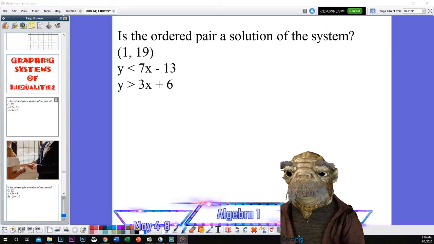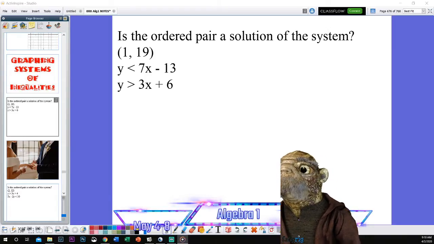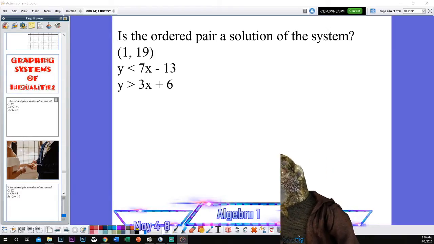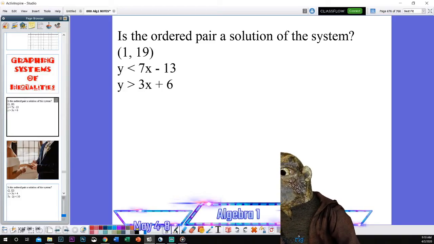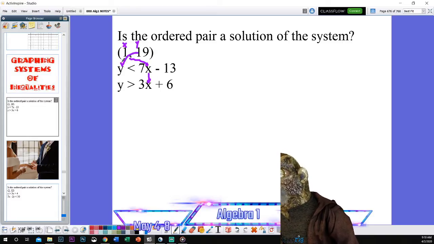Everyone agrees? Fantastic. So since we know that's true, I'm going to stick 1 every time I see an x and a 19 every time I see a y, because this is x and this is y. So instead of x, boom, we're putting 1 there and there. Instead of y, boom, 19 for both of those.